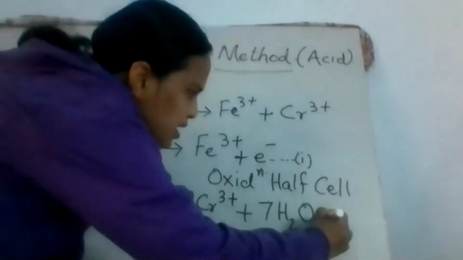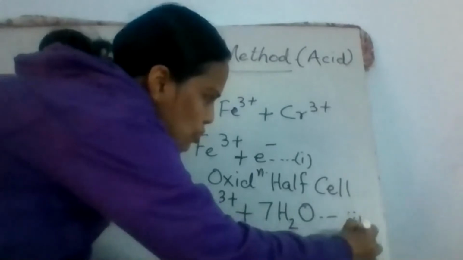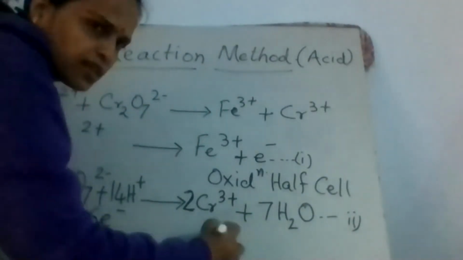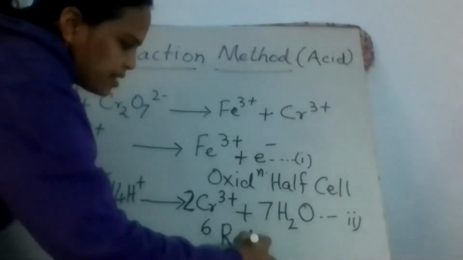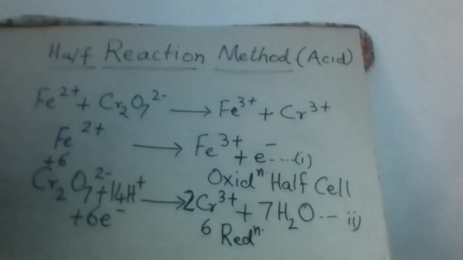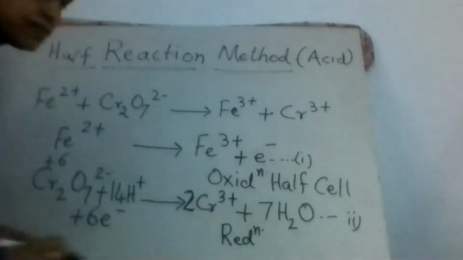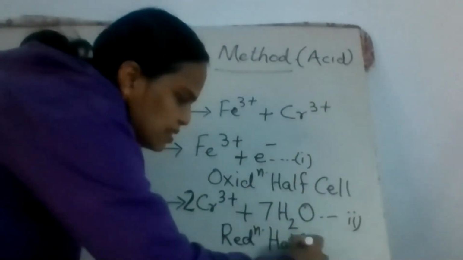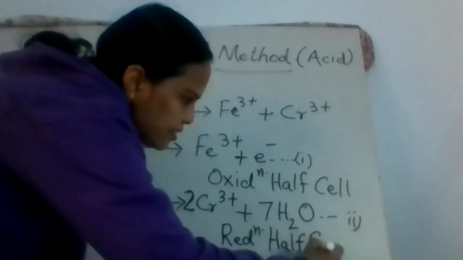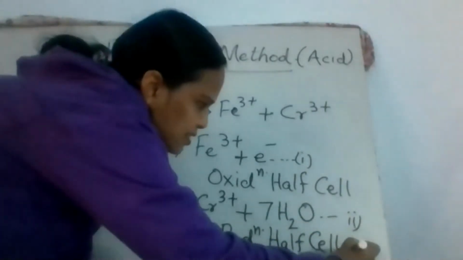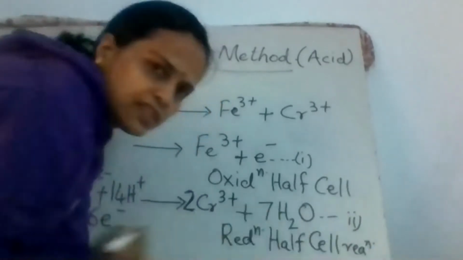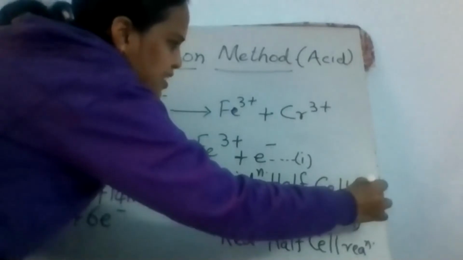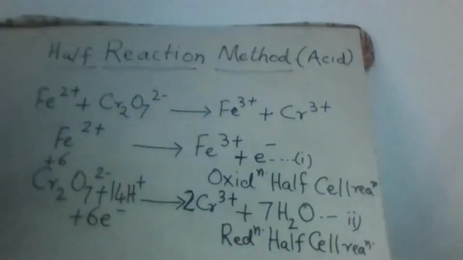And this is my well balanced equation 2, which I'll name the reduction half cell reaction. This is equation 2, and this was the oxidation half cell reaction, equation 1.